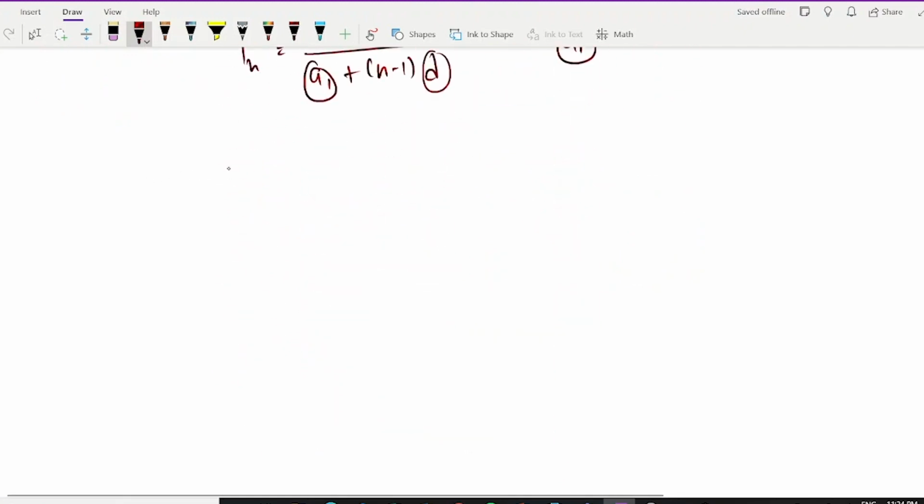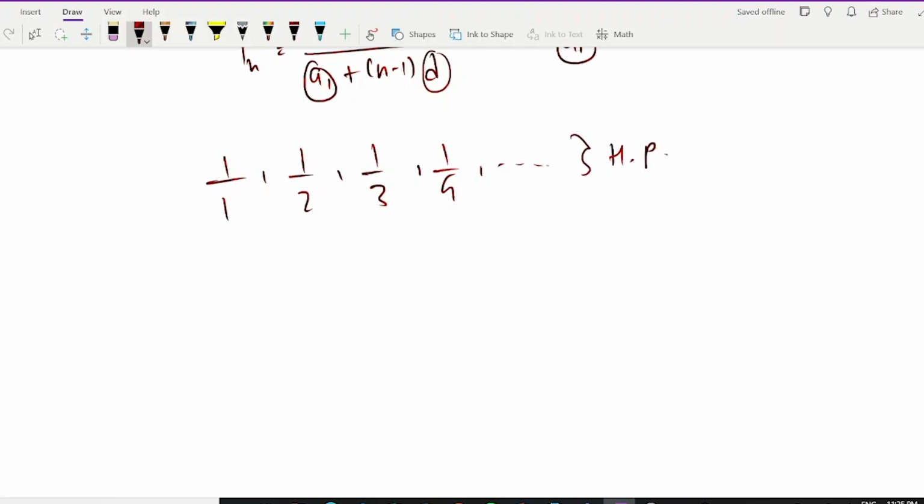Let's take an example. 1, 1 by 2, 1 by 3, 1 by 4, dot dot dot. Now I can see that this is an HP because 1, 2, 3, 4 is in AP. Here 1 is the A1 and d is equals to 1.